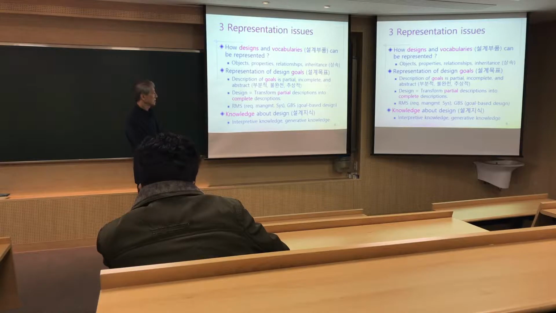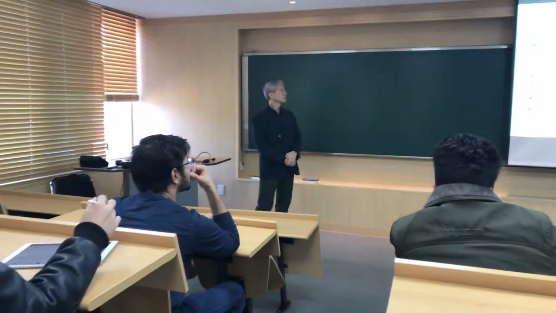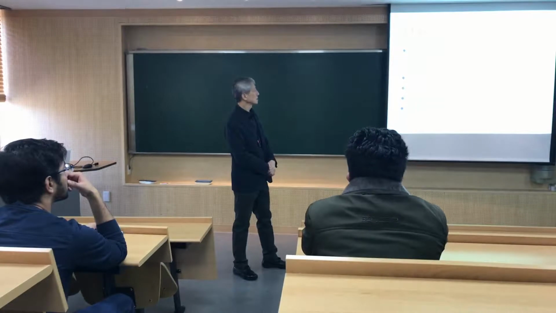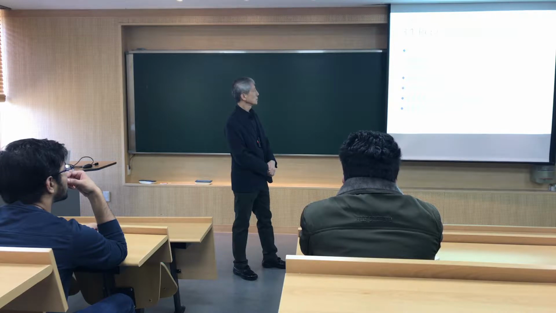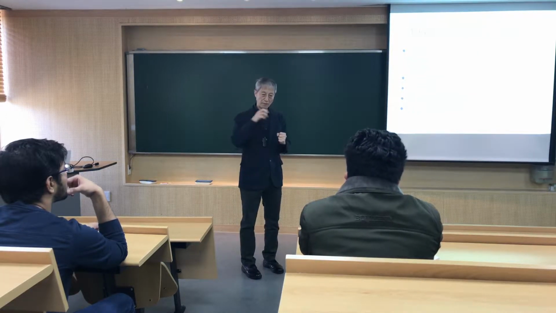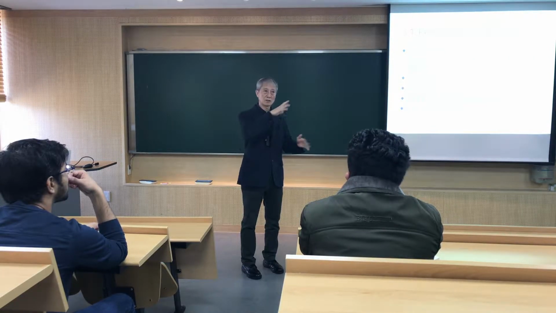Knowledge about design, intuitive knowledge, we already see this. Representing designs: objects, relations, properties, classes, and instances. We already see that an object is made into facts, and facts are made of knowledge, and knowledge and control.